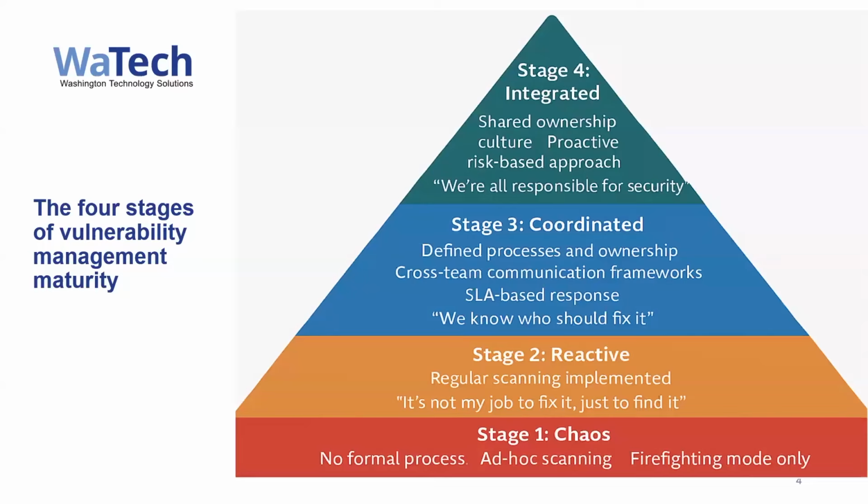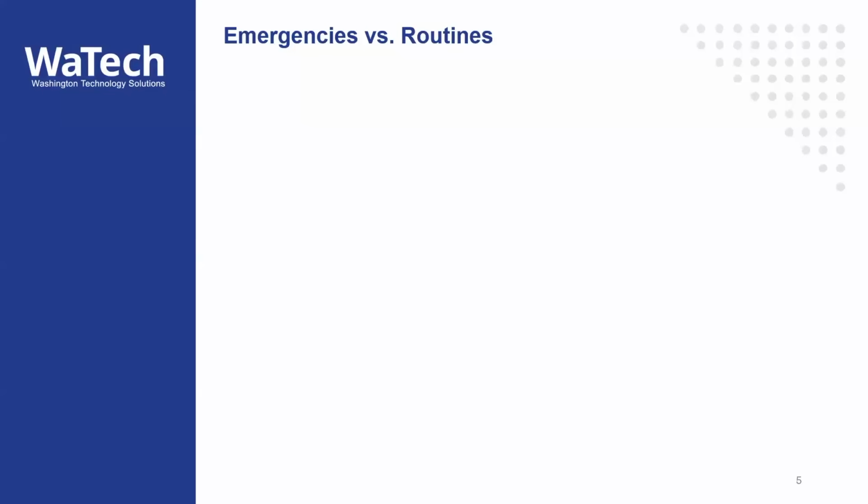It starts out at chaos, which is basically firefighter mode, next reactive, then coordinated, which I think is where a lot of companies get stuck because they have the processes, but the teams are still siloed from each other. And then the top is an integrated vulnerability management program, and that's where we want to get to.